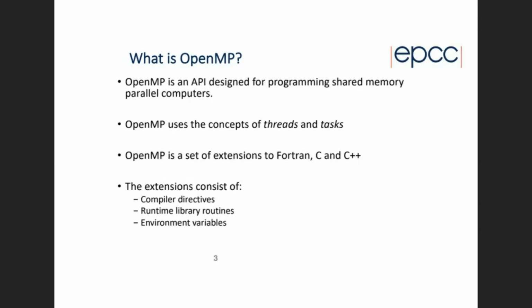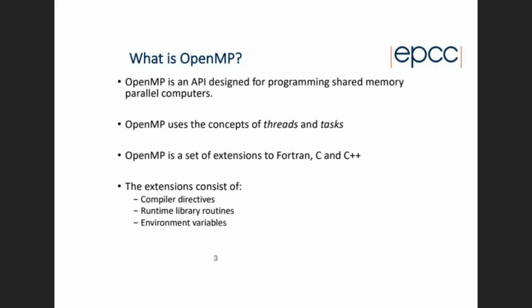Okay, so what is this OpenMP thing anyway? It's an API designed for programming shared memory parallel computers. So it uses the concept of threads and tasks, which I already introduced you to. It is a set of extensions to Fortran, C, and C++.